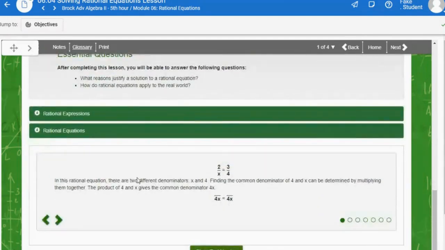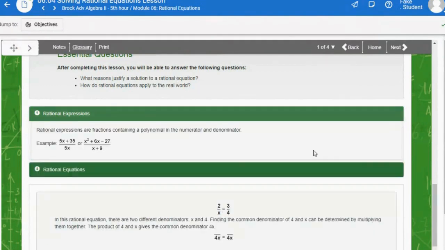All right, let's look at this. We're going to learn what reasons justify a solution and how they apply in the real world. So a rational expression is just a definition here. It's fractions that have a polynomial in the numerator and denominator. 5x plus 35 over 5x, or x squared plus 6x minus 27 over x plus 9.